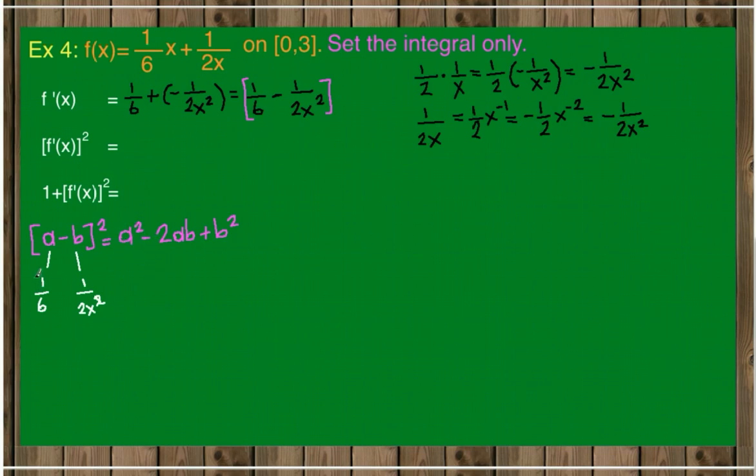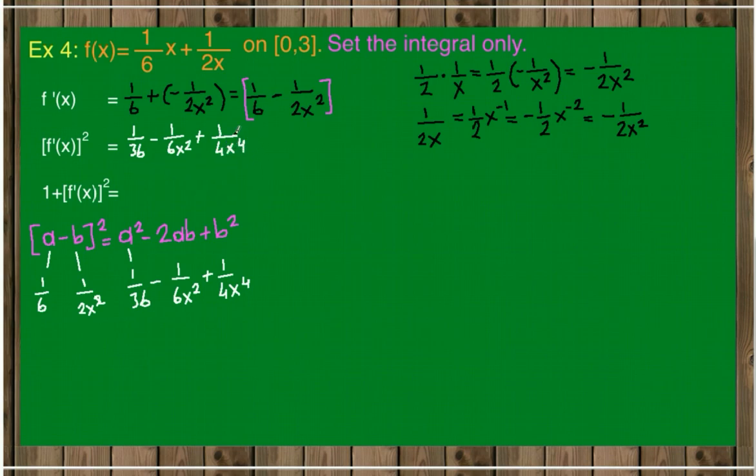A term squared is 1 over 6 squared, which is 1 over 36. A times b is 1 over 12x squared, times 2 is 1 over 6x squared. Plus b term squared: 1/2 squared is 1/4 and x squared is x to the 4th. So we get 1 over 36 minus 1 over 6x squared plus 1 over 4x to the 4th.